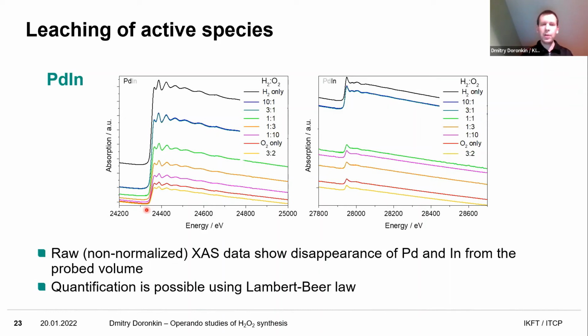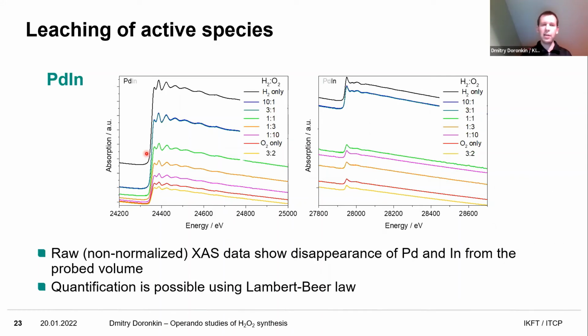If we do not normalize the spectra, but look at the non-normalized data, we can see the total absorbance going down, and that's due to the mechanical movement of the catalyst bed, so restructuring of the catalyst bed. At the same time, we see that the absorption edge step is decreasing. Of course, the decrease of the edge step contains both the mechanical movement of the catalyst bed and the leaching, so dissolution of palladium.